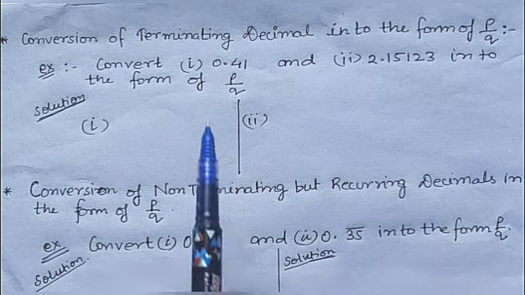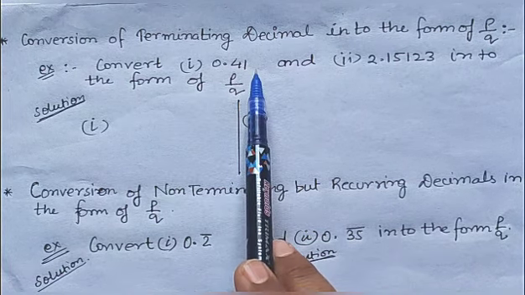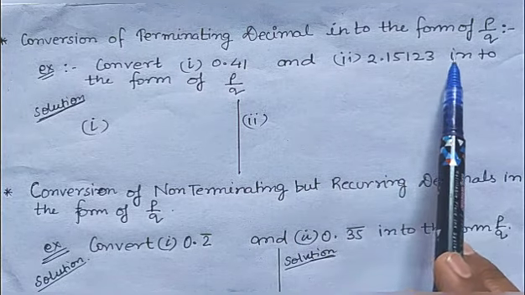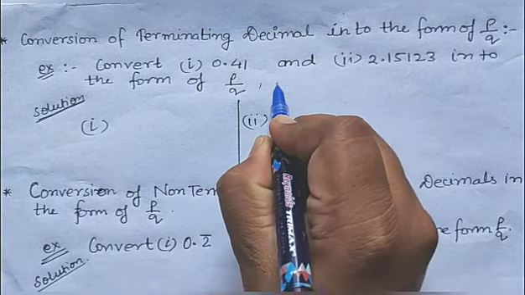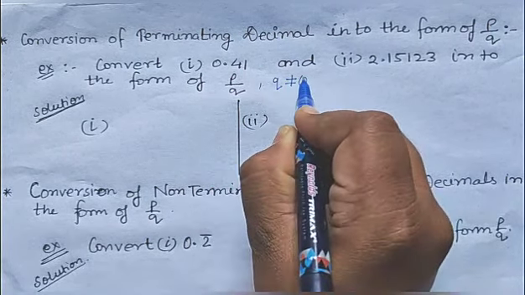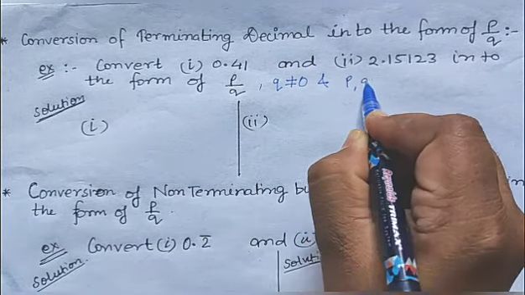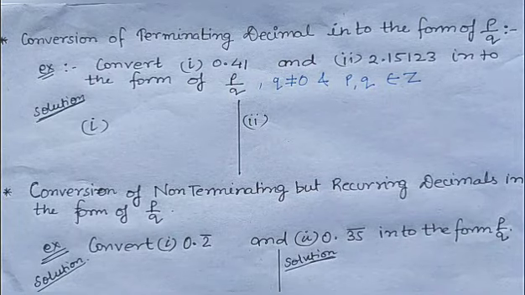Here I have taken two examples: convert 0.41 into the form of p by q and 2.15123 into the form of p by q, and one condition is also there, that q should not be equal to 0 and p, q are integers. p, q belongs to integers.